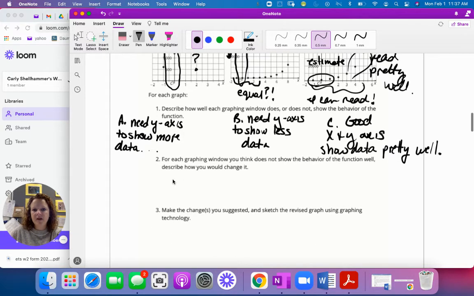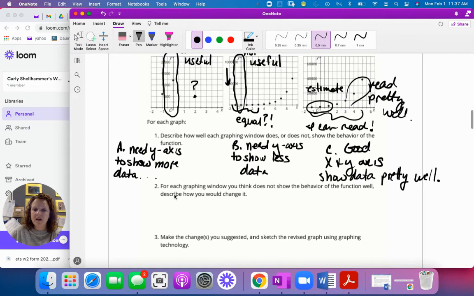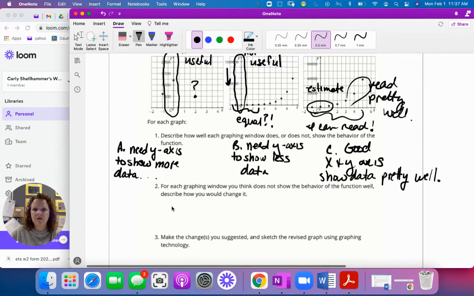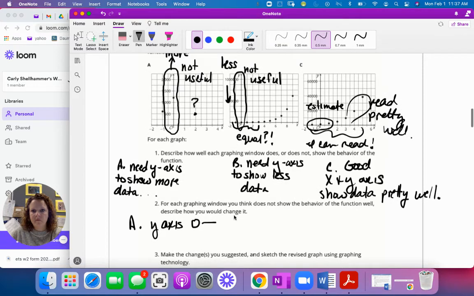For each graphing window you think does not show the behavior of the function well, describe how you would change it. For A, I would make the y-axis go from 0 to a larger number. Okay, that's definite. The x-axis, you could change it. I don't think you necessarily need to.